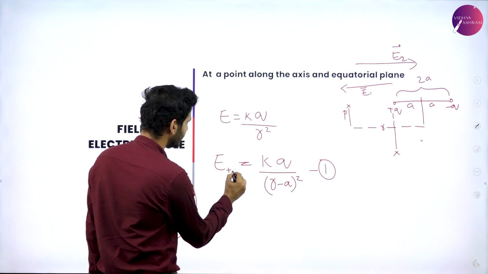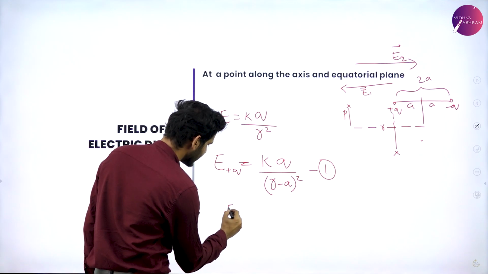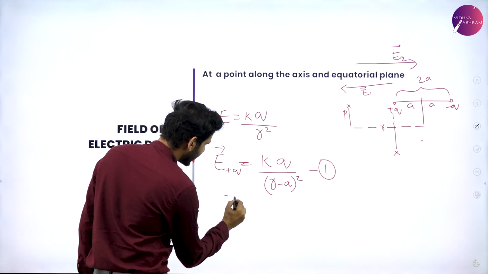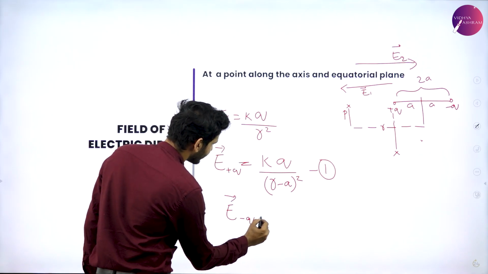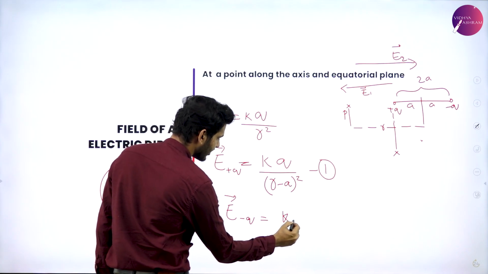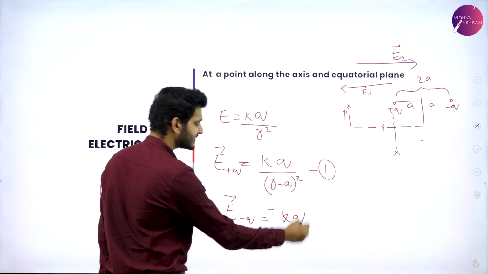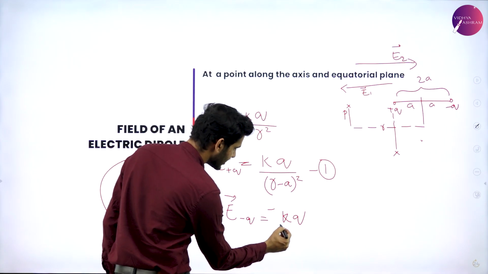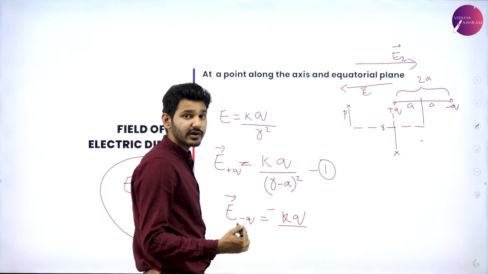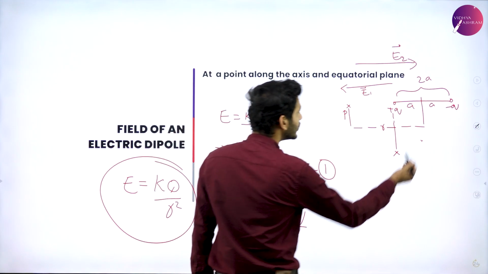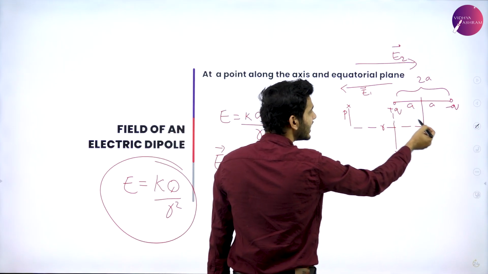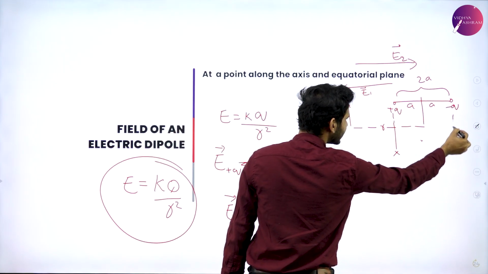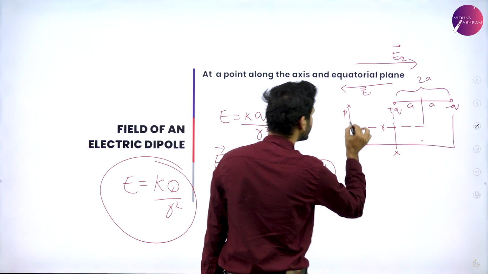And this is E due to positive Q, and the electric field due to negative Q is given by K, minus Q, where the negative sign indicates the direction of the electric field, divided by, now what will be the distance? We know that the distance between the charges is 2a. Now we want the distance from here to here.